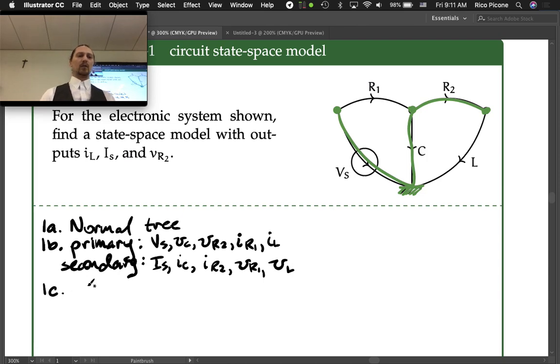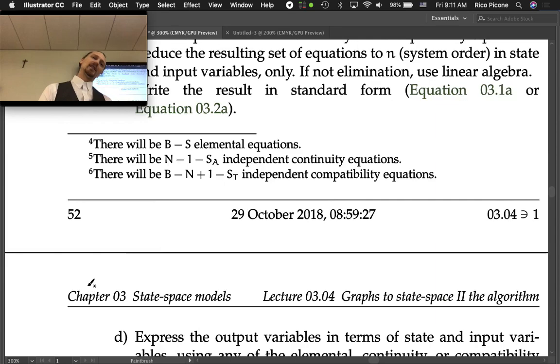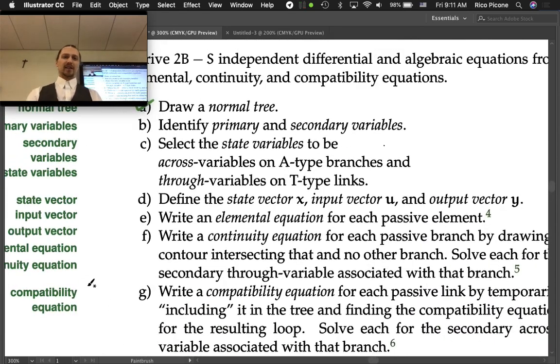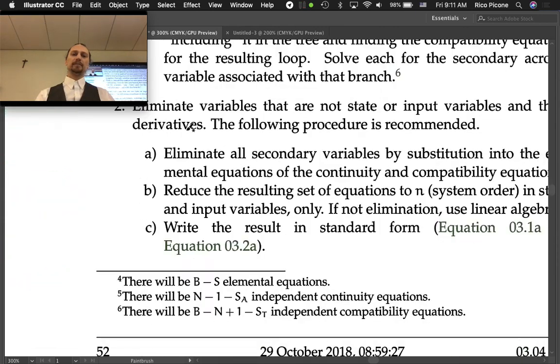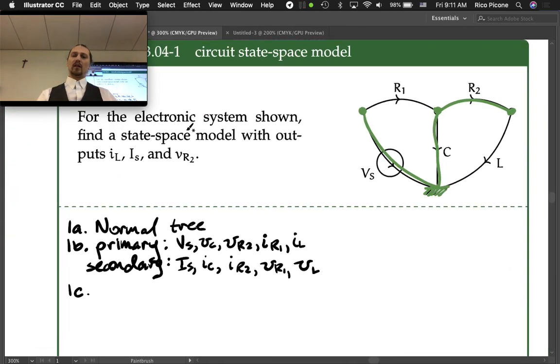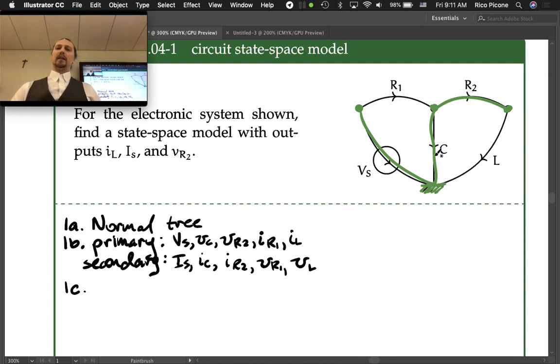1C is next. Select the state variables to be across variables on A-type branches and through variables on T-type links. So we've got state variables.